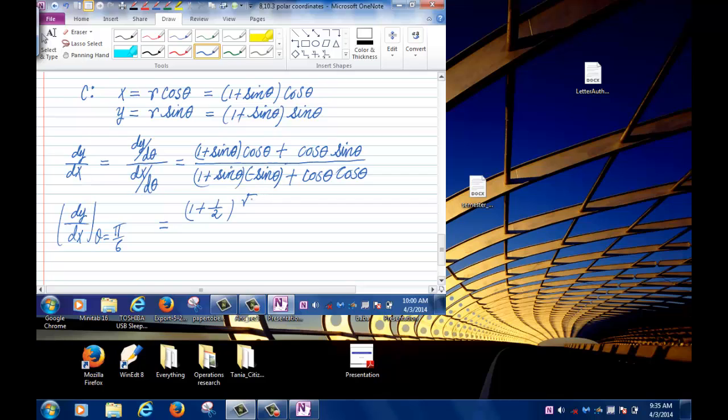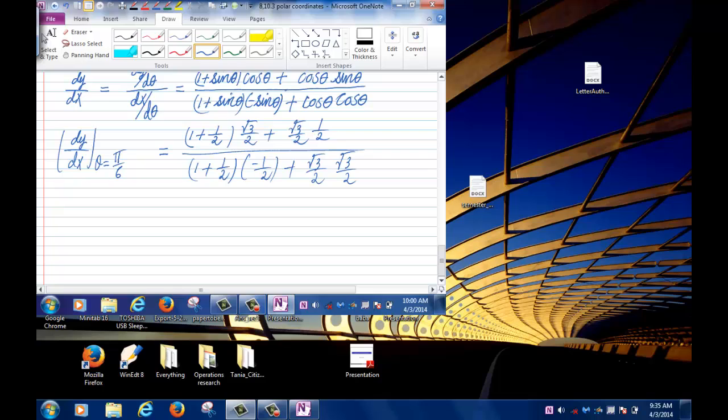Cosine pi over 6, so I get root 3 over 2 here, half here. What is that? 1 plus a half times negative half, plus root 3 over 2 times root 3 over 2, right? Everybody is okay with that.